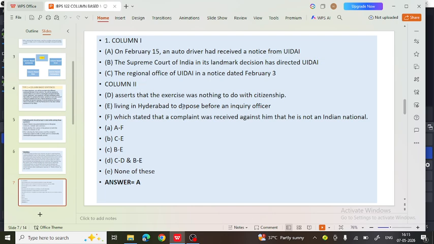Then living in Hyderabad to dispose, definitely it does not go with that. So what you are able to see is that only A is able to pair with F. Now see the given options: A, that is AF; B, CE; C, BE and D; CD and BE; and E, none of these. So we are able to get the correct pair with A, and so our answer is A.